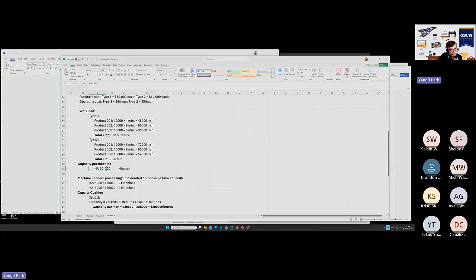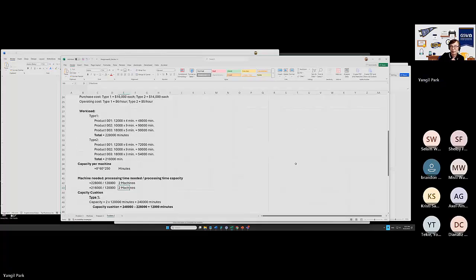That's the capacity for each machine; that's all you can achieve, but you need to achieve the entire 228,000 minutes. So you need 2 machines. Type 2, you're going to need another 2 machines. I think it ends up being 1.9 versus 1.8. So you cannot have 1.9 machines, right? So you round up, you're going to have 2 machines each.